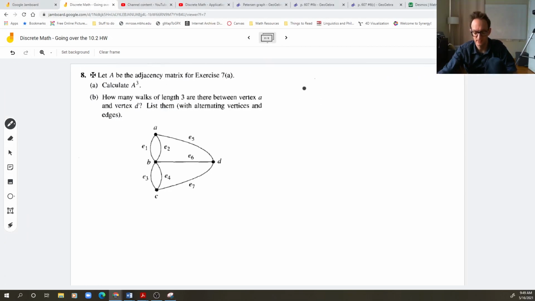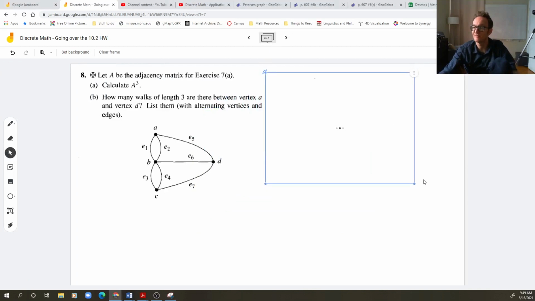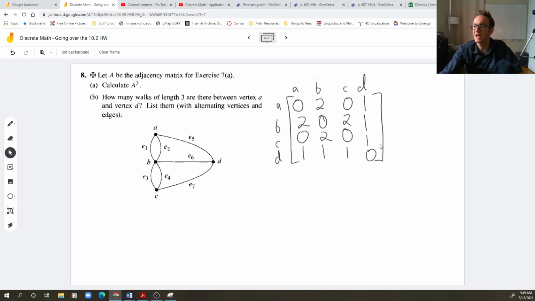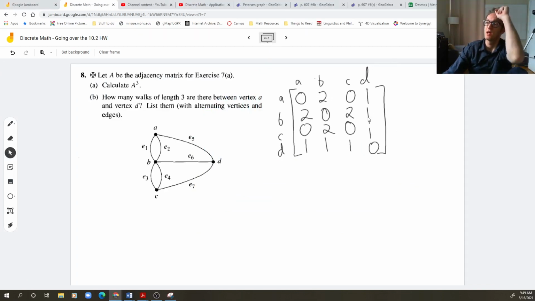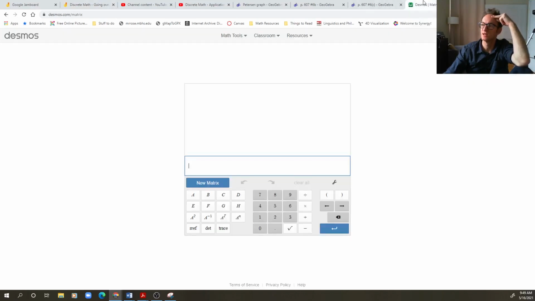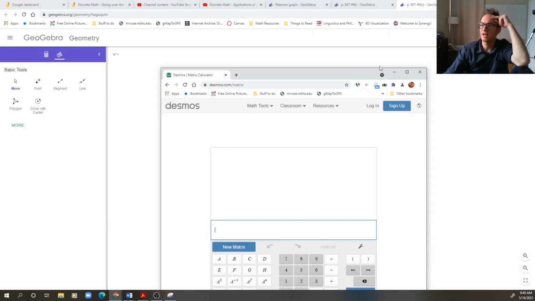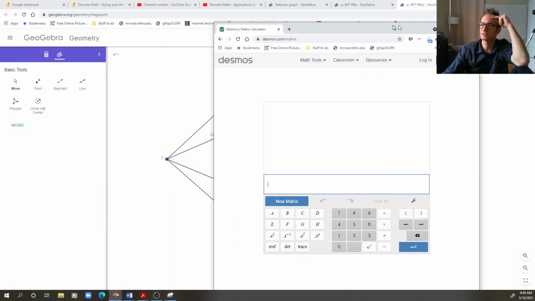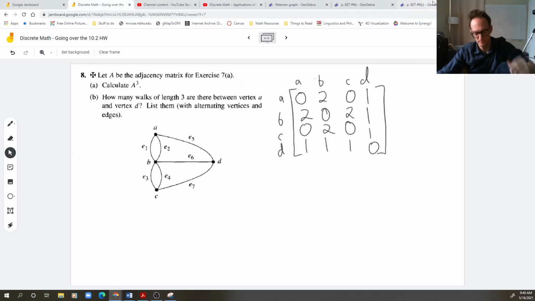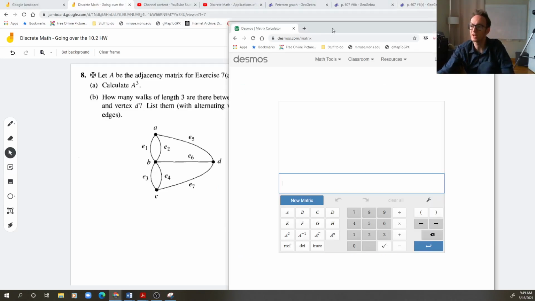Okay. Well, take it, as they say, from 7a, and now we're going to apply this theorem. This theorem says that you want to calculate A cubed. For this I'm going to use some online features, which seems like a good way to do this.